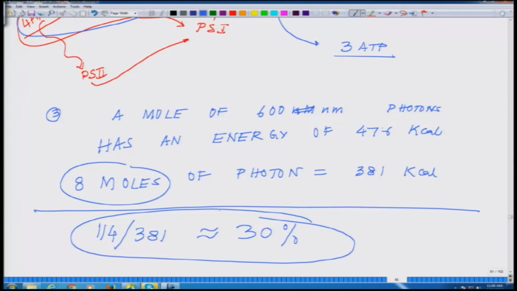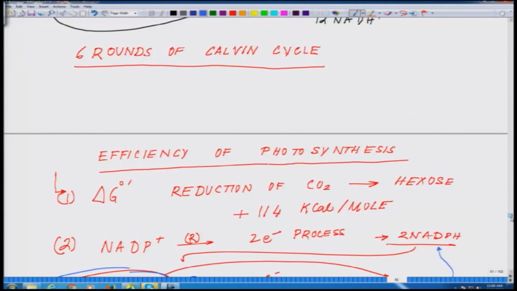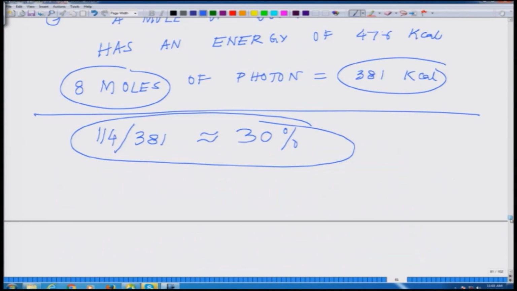So, from where is 114 coming? 381 is coming from here, and 114 is coming from here, the delta G of conversion. When you divide 114 by 381 multiplied by 100, the efficiency of photosynthesis on the floor of earth is 30%.